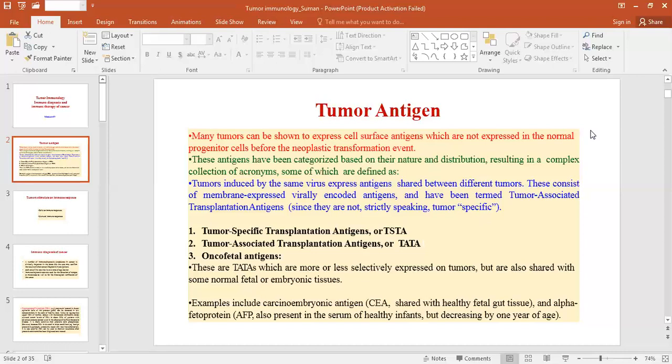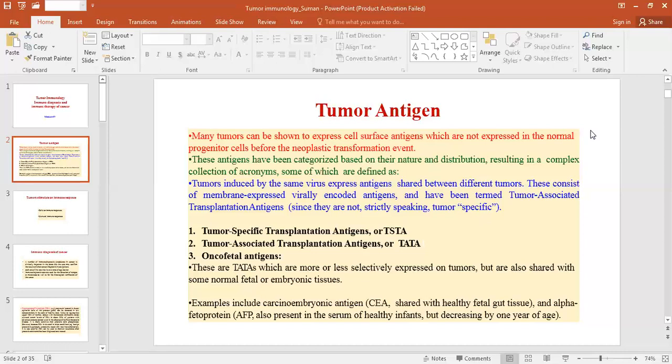So, TATAs are of different types. There may be tumor-associated carbohydrate antigen, differentiation antigen, and the third part, that is oncofetal antigen. These oncofetal antigens are found in embryonic and malignant cells but are absent in normal adult cells.